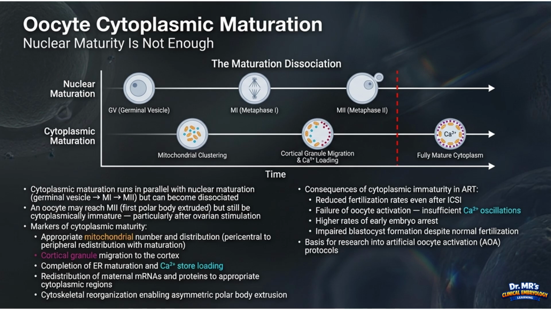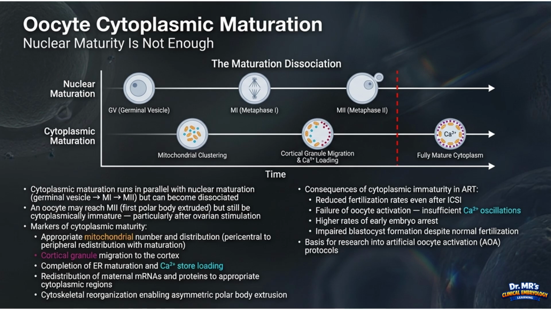When one or more of these elements is incomplete, when the oocyte is cytoplasmically immature, the clinical consequences are significant. Fertilization rates are reduced even after intracytoplasmic sperm injection because the problem is not sperm entry but what happens afterwards. Oocyte activation fails or is incomplete because the calcium oscillation pattern is insufficient.